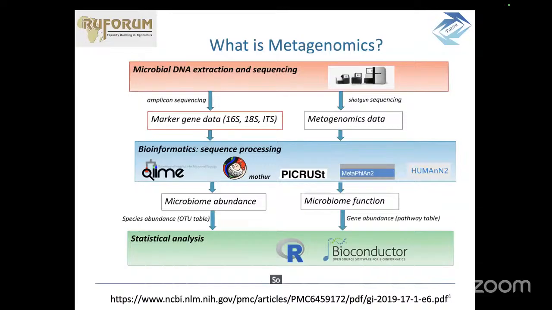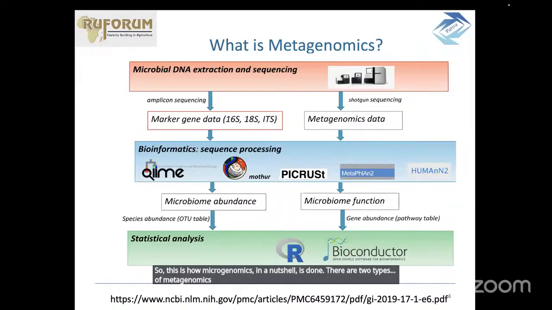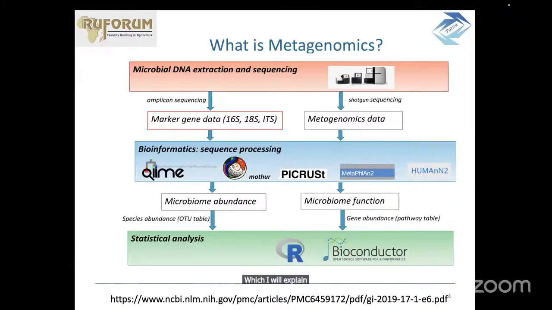So this is how metagenomics in a nutshell is done. There are two types of metagenomics, which I will explain later. One is called amplicon sequencing, and that one uses what are called markers. We'll discuss those markers later. You get your samples, use markers, and after that, that's where the bioinformatics comes in.